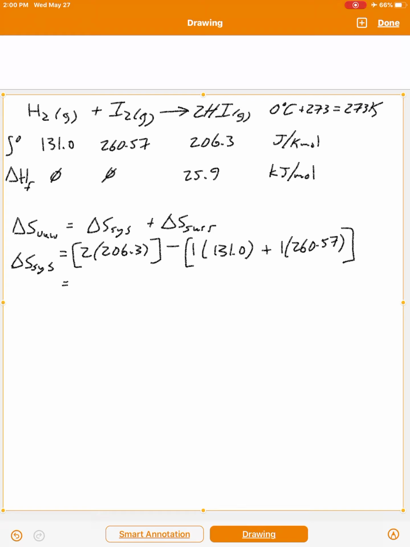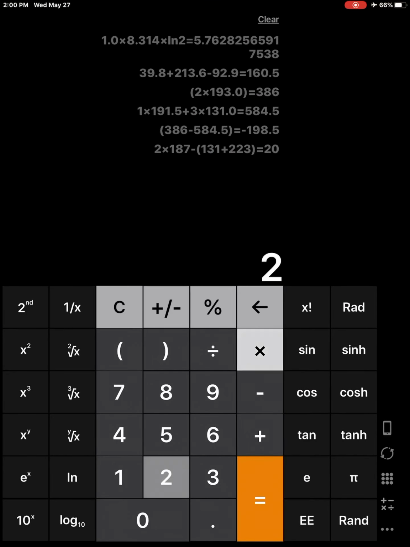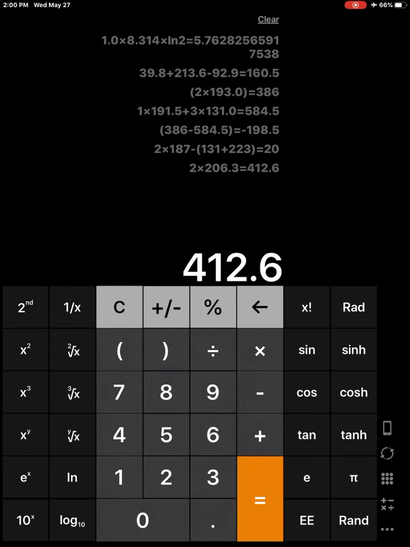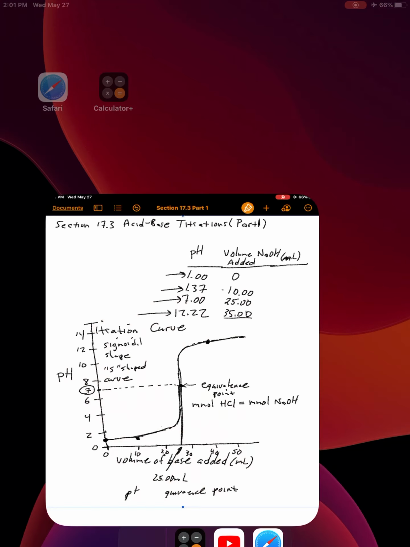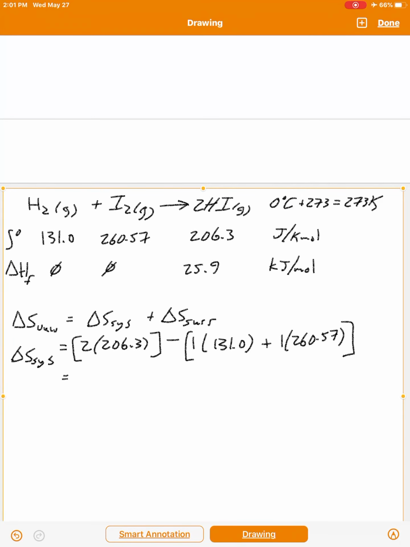So 2 times 206.3 is 412.6. We're going to subtract from that 1 times 131 plus 1 times 260.57.